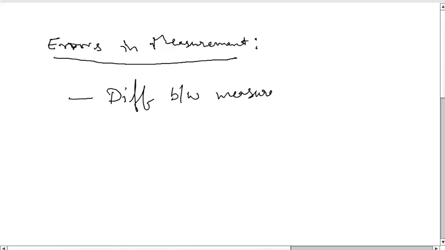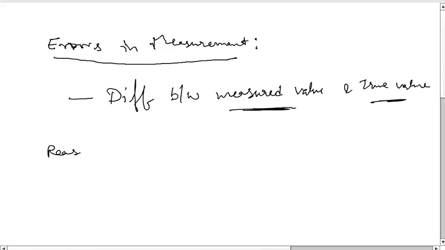See, your measured value can be less than the true value, or it may be more than the true value, but the difference between these two will give you the error. So error may be positive or negative, but generally we take the magnitude of the error. So the difference between the measured value and the true value of a physical quantity is called the error in measurement.